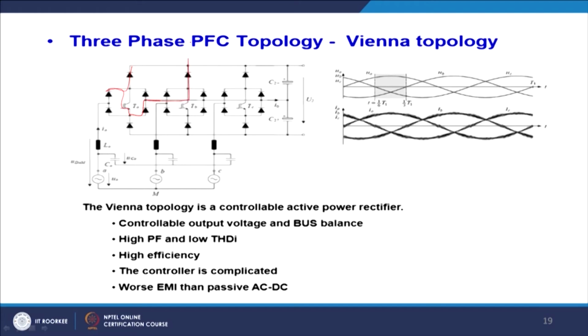So, there are multiple connections possible depending on the logic, and ultimately this is the way, but it is quite complicated in operation and you require a large number of diodes.